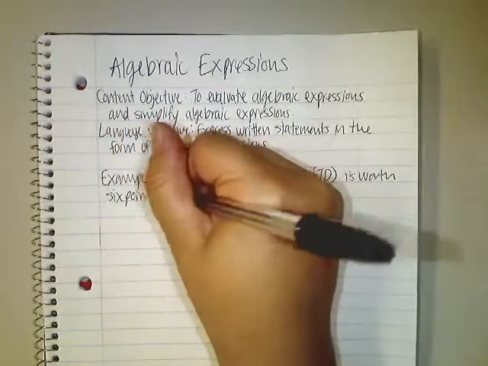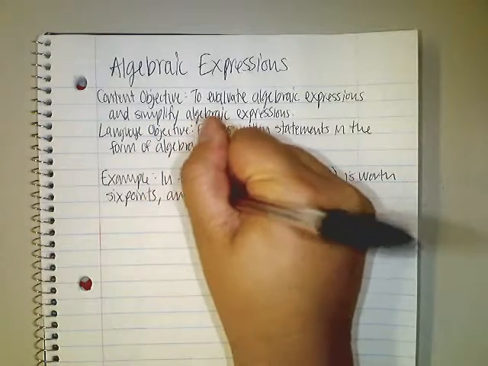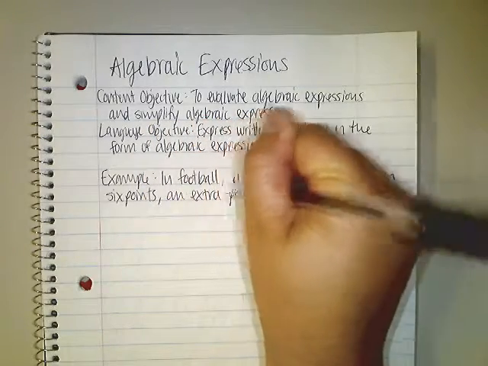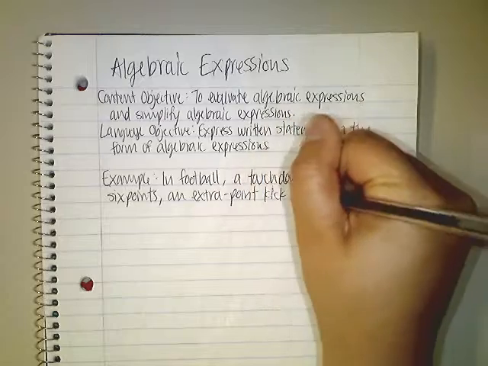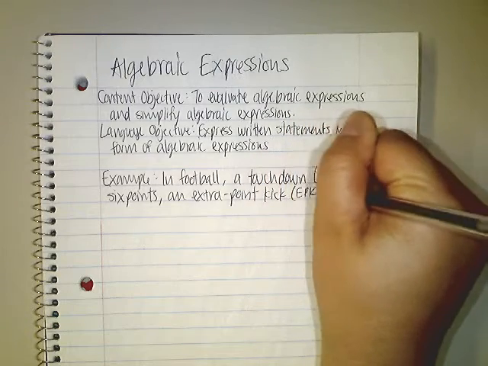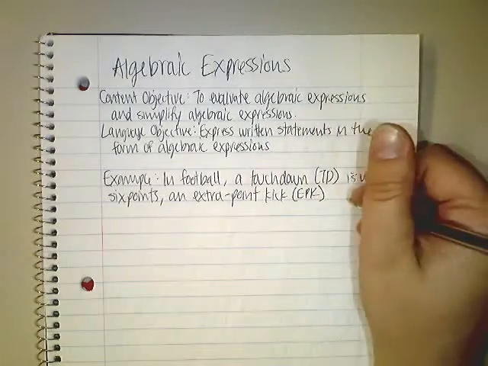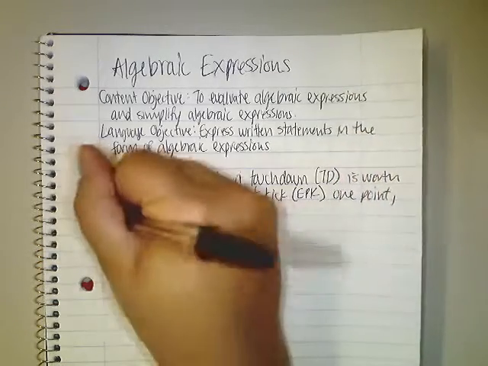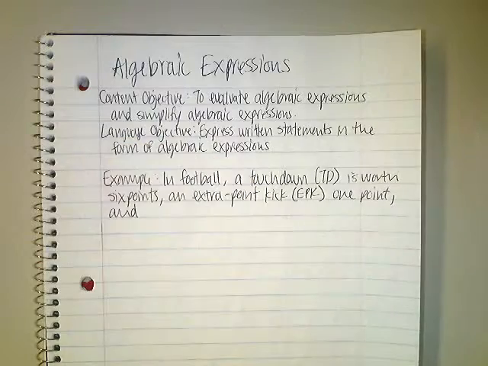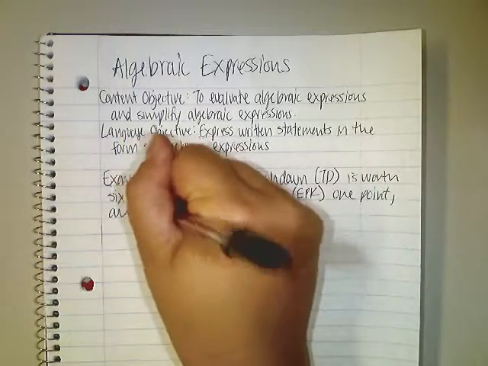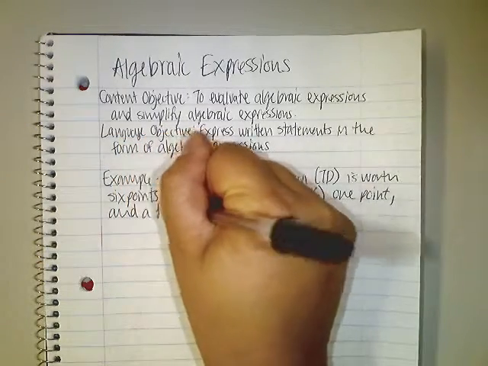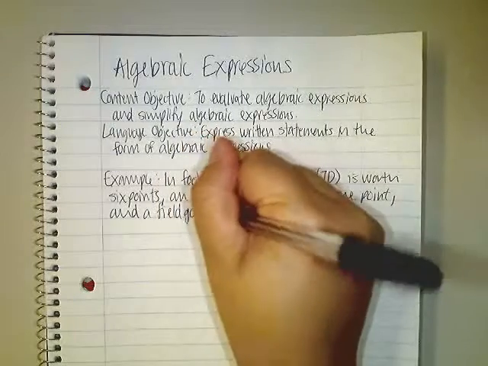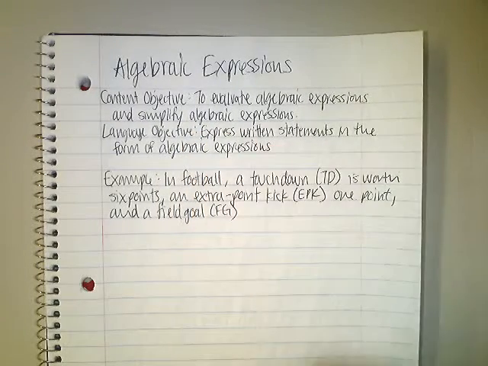An extra point kick or EPK is 1 point. And a field goal or FG is 3 points.